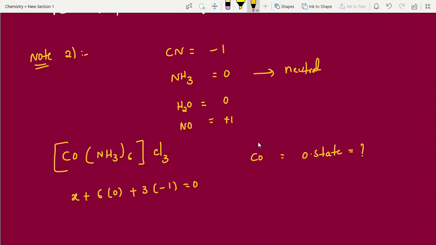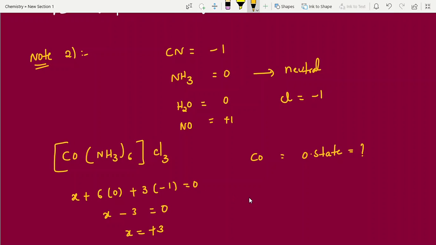Each chlorine, chlorine also -1. Fluorine, chlorine, bromine, all -1. Now next one. X minus 3 equal to 0. X equal to plus 3. This is X. This is a neutral ligand. 3 into how many chlorines? -1. That is a neutral compound. Compound value must equate to 0. That's it. Okay. You can go like this.